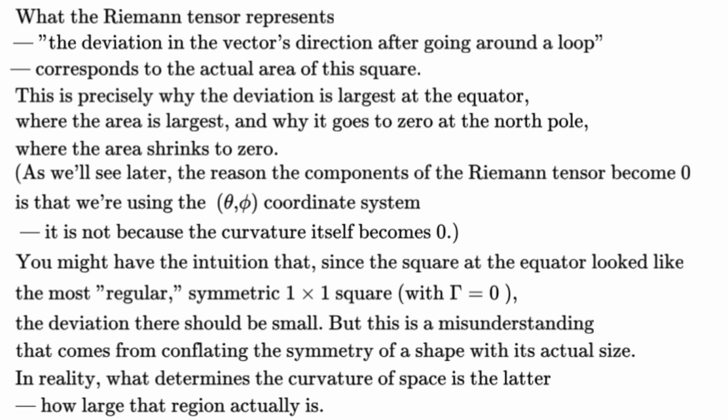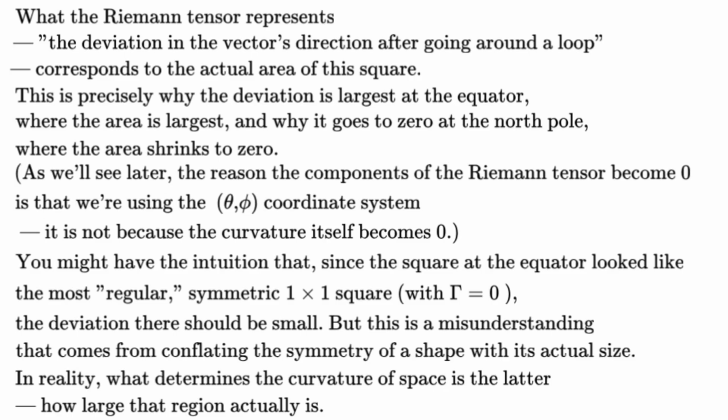What the Riemann tensor represents, the deviation in the vector's direction after going around a loop, corresponds to the actual area of the square. This is precisely why the deviation is largest at the equator, where the area is largest, and why it goes to 0 at the North Pole, where the area shrinks to 0. As we'll see later, the reason the components of the Riemann tensor become 0 is that we're using the theta phi coordinate system.